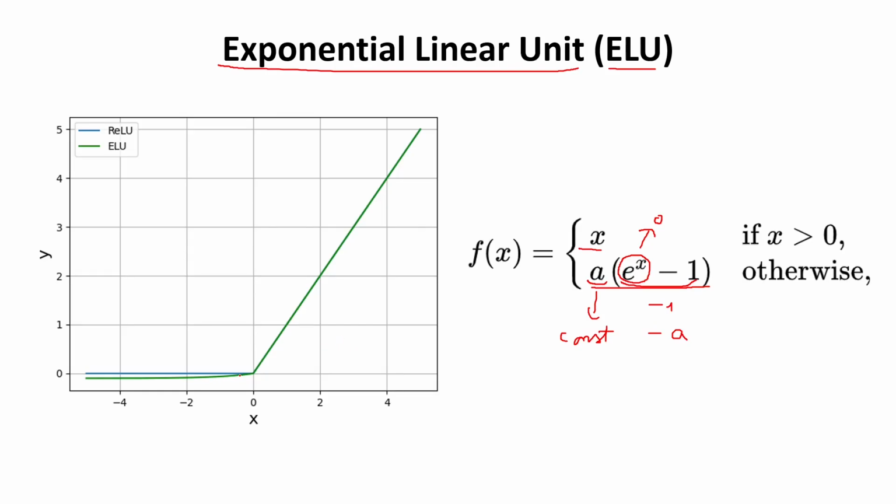We can also observe this behavior in this graph. You can see that as we go to minus infinity, the value on the negative side tends to minus a. In our case, a was equal to 0.1, but I've seen the authors of the original paper using a equal to 1.